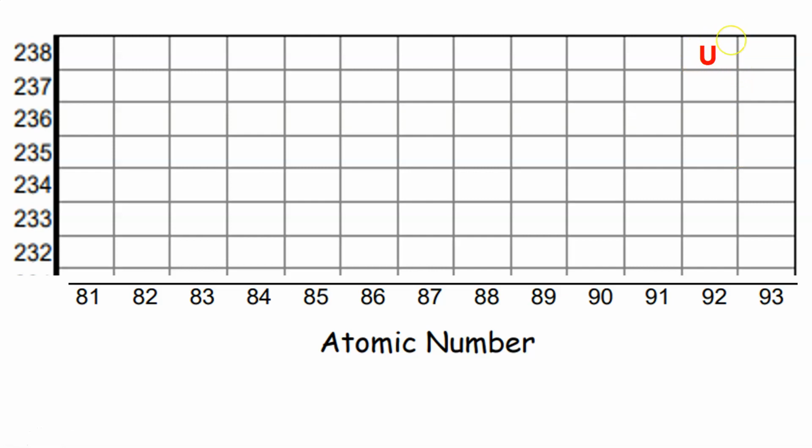Next, we're going to put the new daughter product that we got in the box that it belongs in, which was atomic number 90, mass number 234. We draw an arrow between the boxes, and we label the arrow with which type of decay it was.